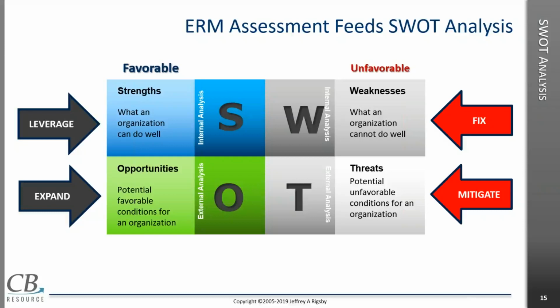Also from a weaknesses standpoint, right? Can we identify weaknesses through an enterprise risk assessment system? Well, guys, that's what it does. That's what it's designed to do, to assess how you are doing in the areas of processes, policies, practices, and controls, right?